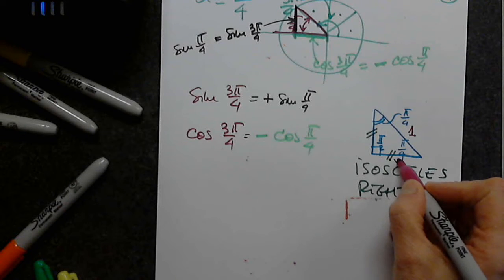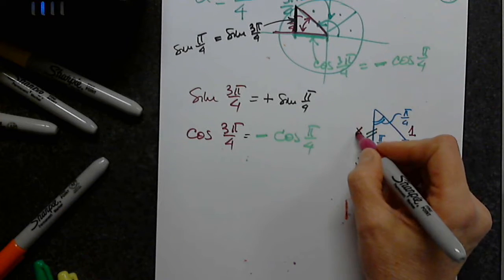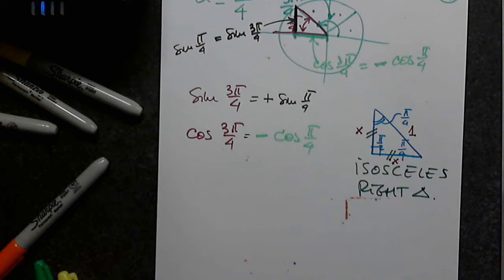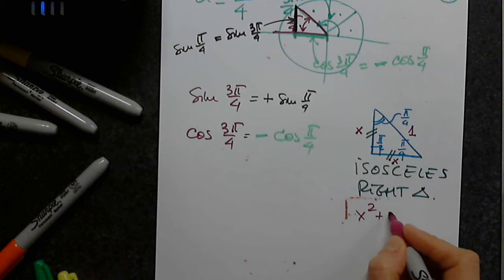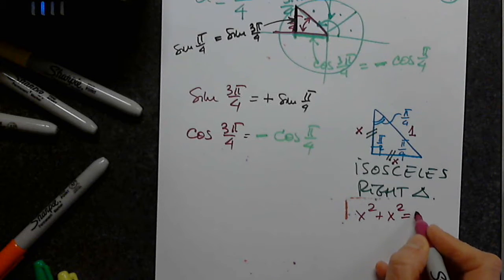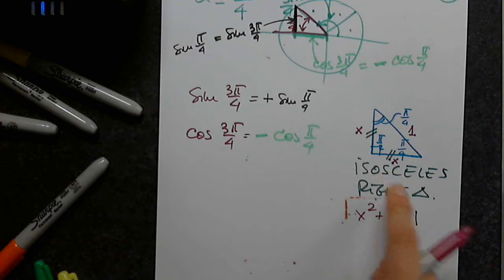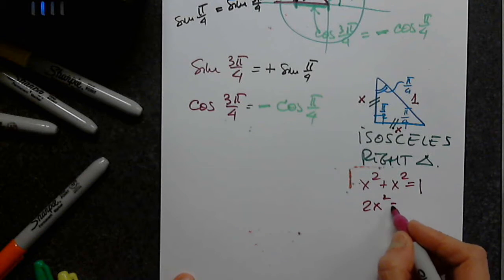I'm going to call this x, but I have to call this x as well because they have the same measure. Can you please give me the Pythagorean theorem in an isosceles right triangle, with x and x the legs, and the hypotenuse of 1? x squared plus x squared equals 1, and I want to solve for x. So it's 2x squared equals 1.